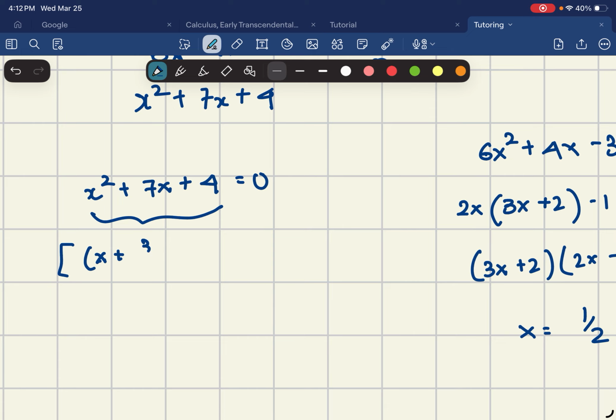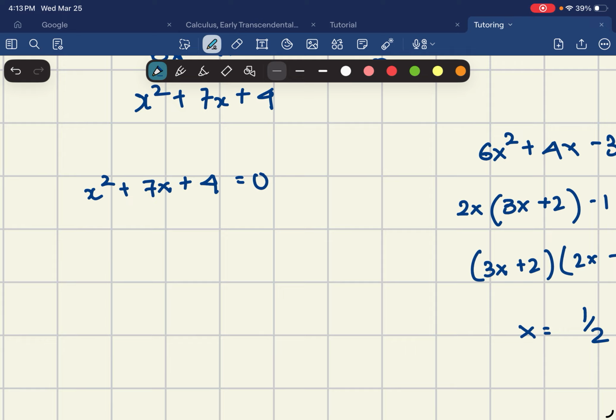If I express it by completing the square, I would get something like this: 7/2, so that would be 7x + 49/4. I would have to subtract something, I believe. So let's use the quadratic formula to find the root, because I think it's difficult to factorize this one.